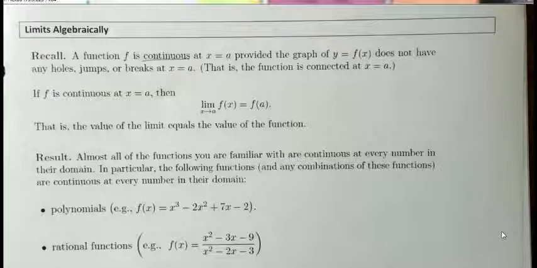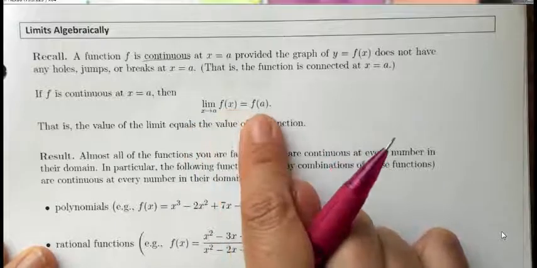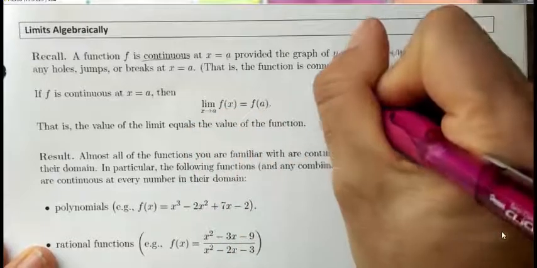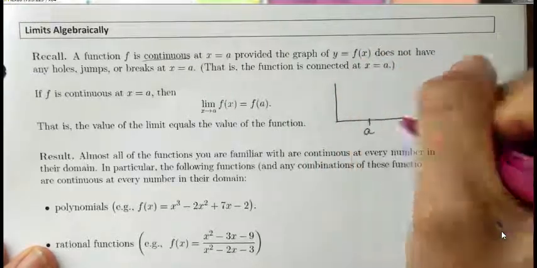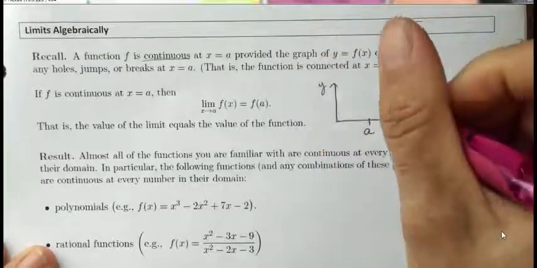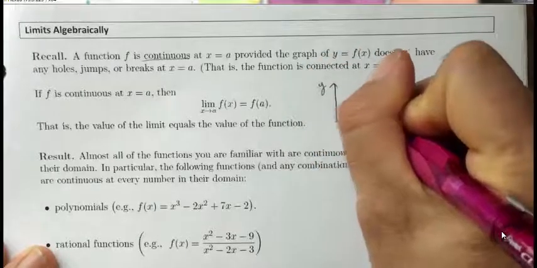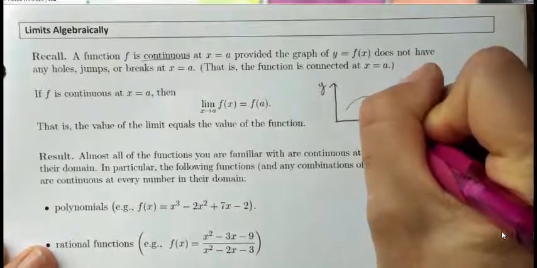Now, if f is continuous at x equals a, then the limit as x approaches a of f of x is just f of a. So, for example, what am I talking about here? We'll call this some x equals a. Okay, so this is my x-axis, this is my y-axis. I have some function here. Let's just make it some parabola. And notice that it's continuous.